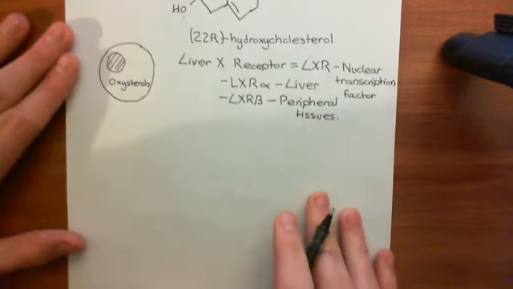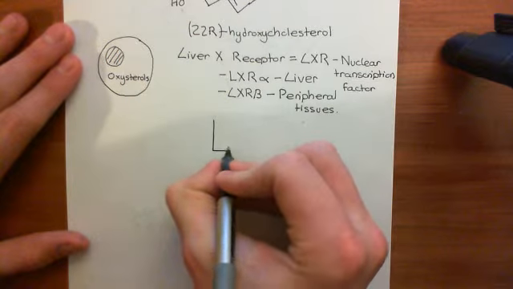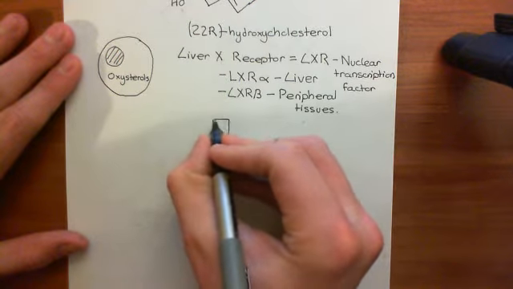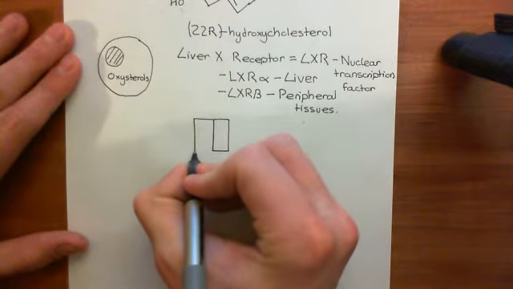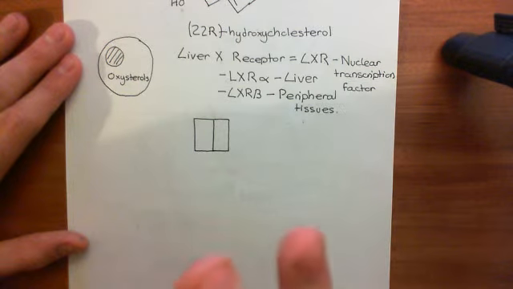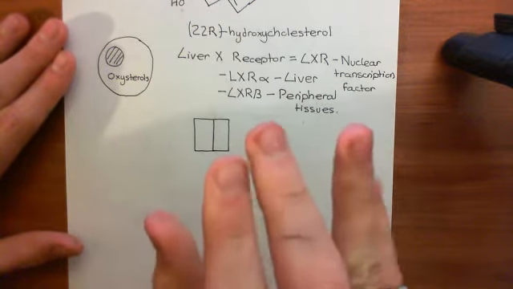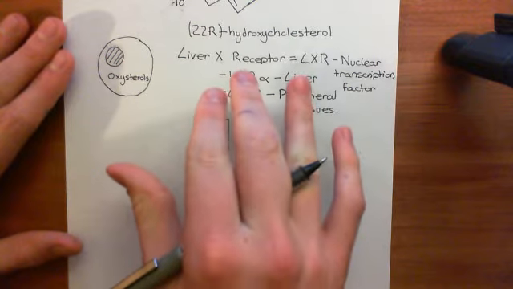So what happens is the liver X receptors will dimerize with another receptor called the retinoid X receptor, and they will do this whether they have been activated or not. So at the moment the liver X receptor is inactivated, let's assume.